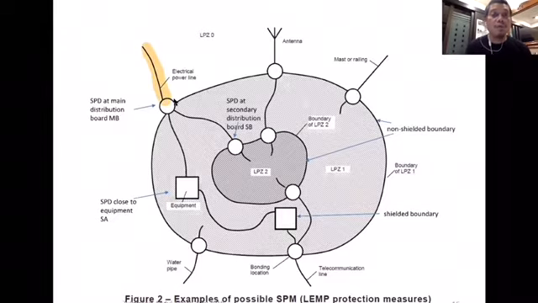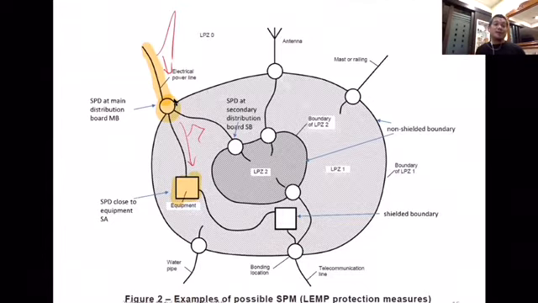So you don't want your equipment to be exposed to the power line. So at the boundary here, you put an SPD, and that SPD will limit any incoming surges before going to your equipment. So the surge will be limited. Okay, so that's the purpose of the SPD there.